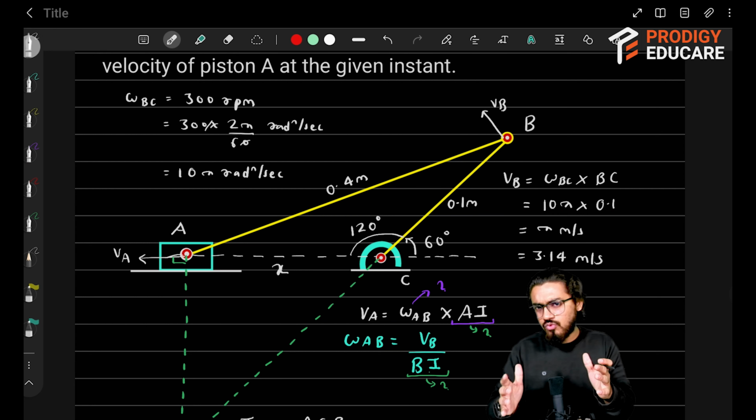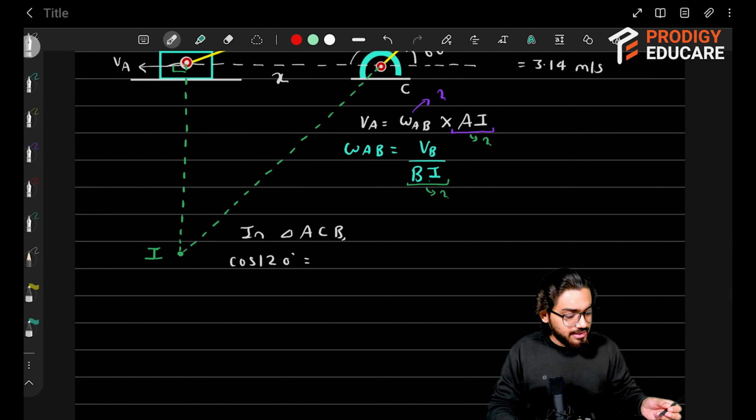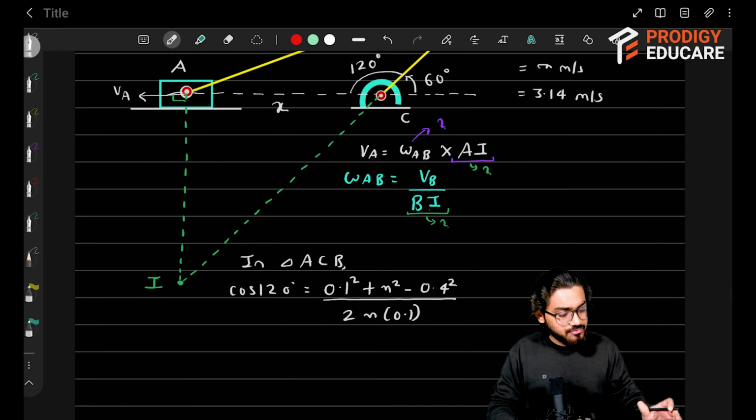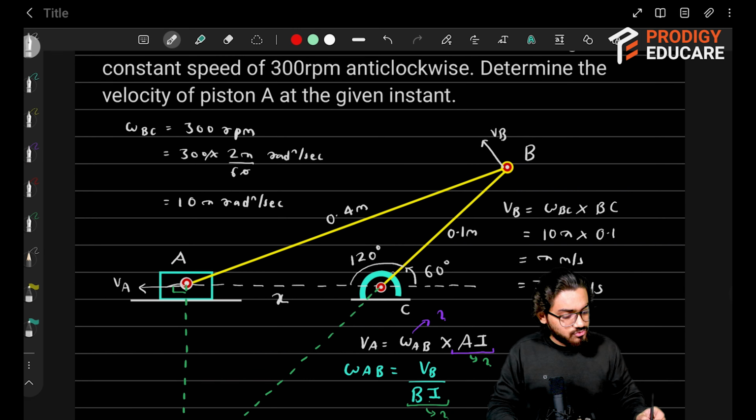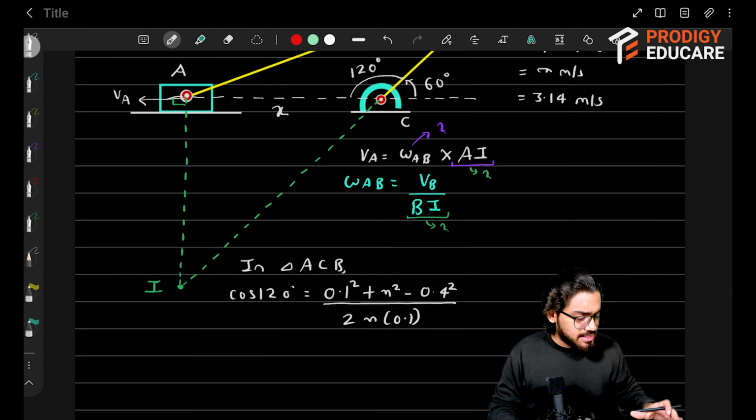I hope you know what exactly the cosine rule is. So here I am applying the cosine rule to evaluate the value of x first. Let me write the equation here: 0.1 square plus x square minus 0.4 square, the whole divided by 2 into x into 0.1.